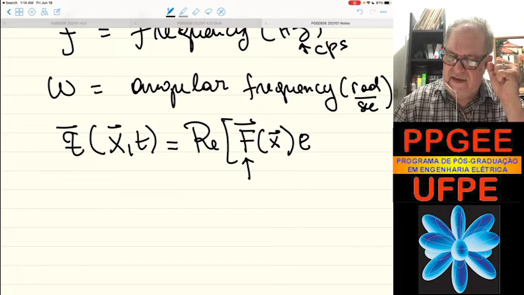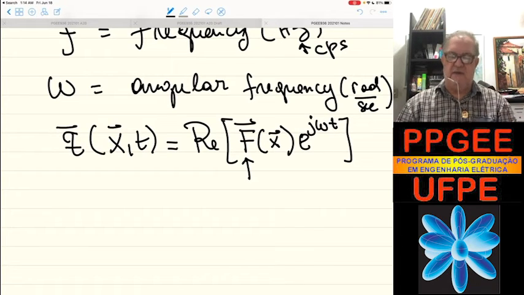And then we have e to the j omega t here, right? So if you have harmonic fields, you can always use complex algebra to determine the real field by using this prescription here.